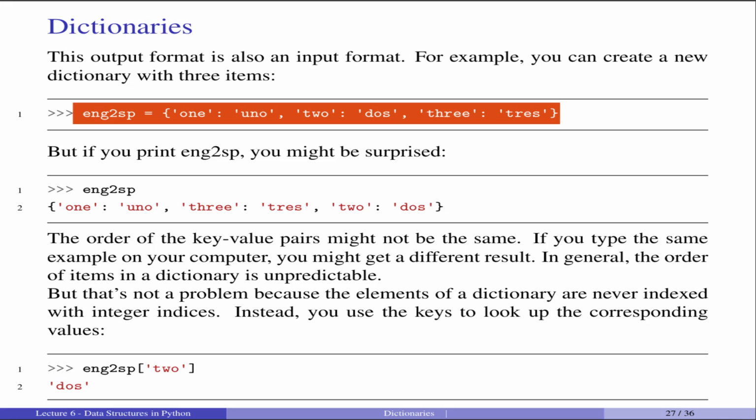Now if you print into sp, you will see all three elements, but you will maybe not see them in the sequence that you have provided yourself. The sequence might be different for you.